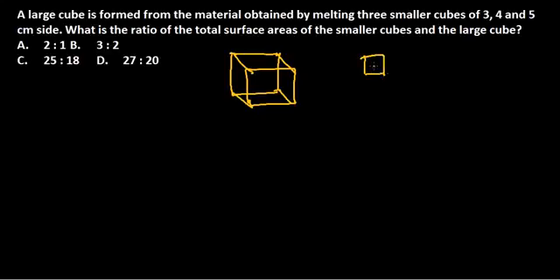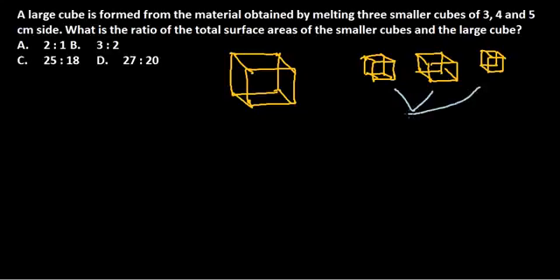So let's say this is a small cube, another small cube, and another very small cube. You just melt these three small cubes. By melting them, we get some material, whatever it is made up of. Then we form this large cube.